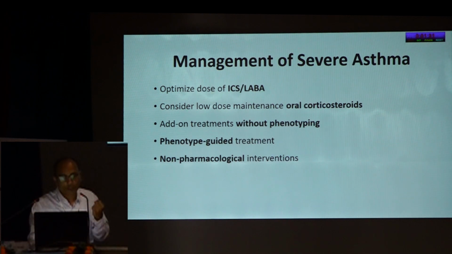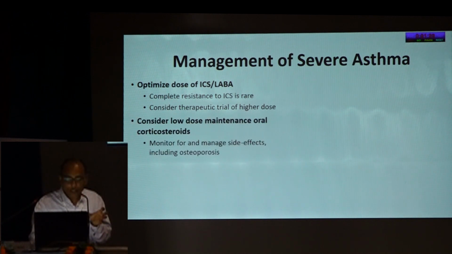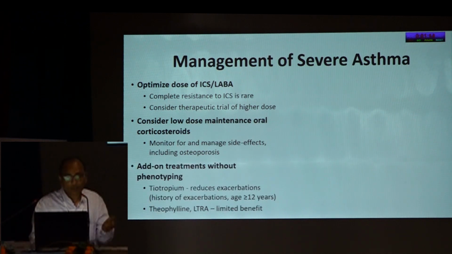There are options of oral corticosteroids, add-on treatment without phenotyping. Then phenotype-guided treatments are there, and non-pharmacological interventions are to be done. As first step, optimize inhaled corticosteroids, LABA, and then consider low dose maintenance corticosteroid, but then you have very significant side effects, even osteoporosis and all. Add-on treatment without phenotyping like tiotropium, theophylline, LTRAs.